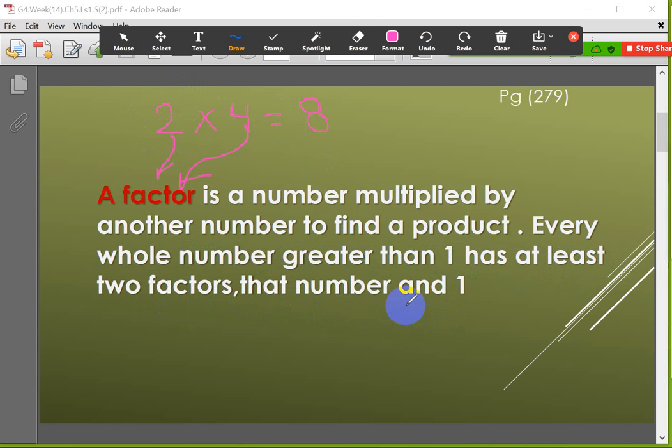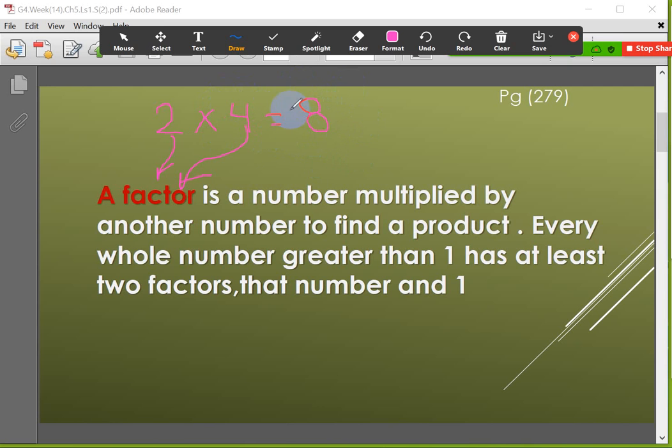What does that mean? So, girls, look at those two numbers. 2 multiply 4. I told you that any number multiplied by a number, we name those numbers factors. Factors for who? We name those numbers factors for 8, for the product. So 2 and 4 are factors for 8.